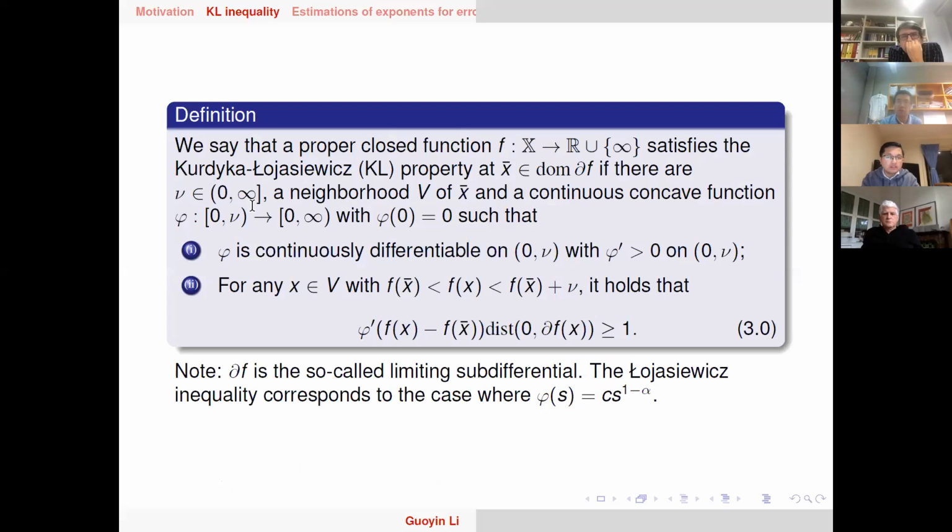This property says that if you have a proper closed function, then at a particular point x bar, we say the KL property holds if you can find a neighborhood V and a continuous concave function of one variable, continuously differentiable on the open interval and non-decreasing on the open interval as well.